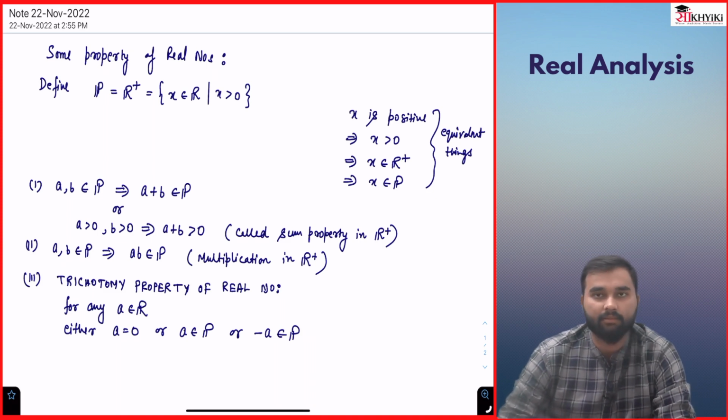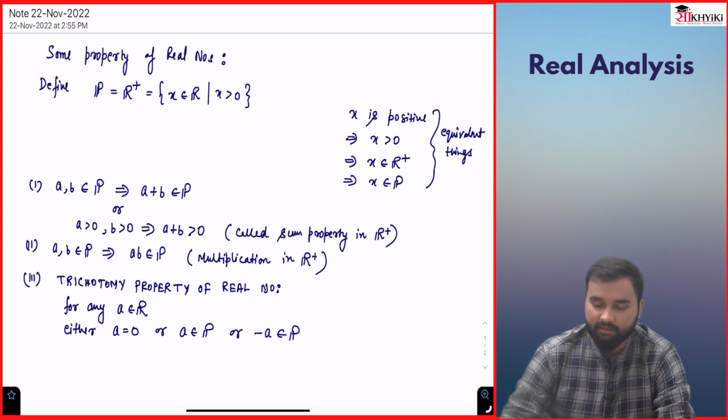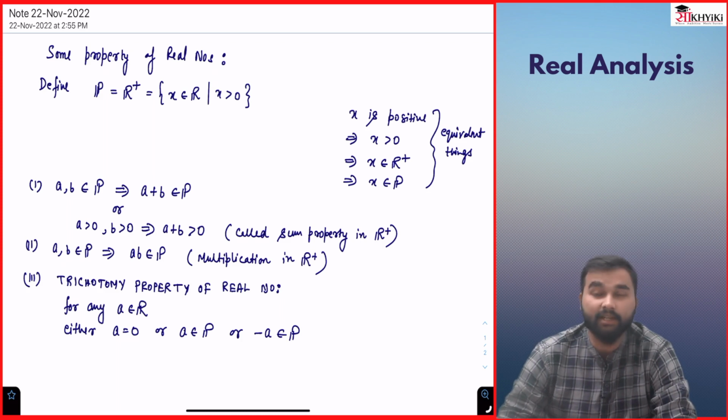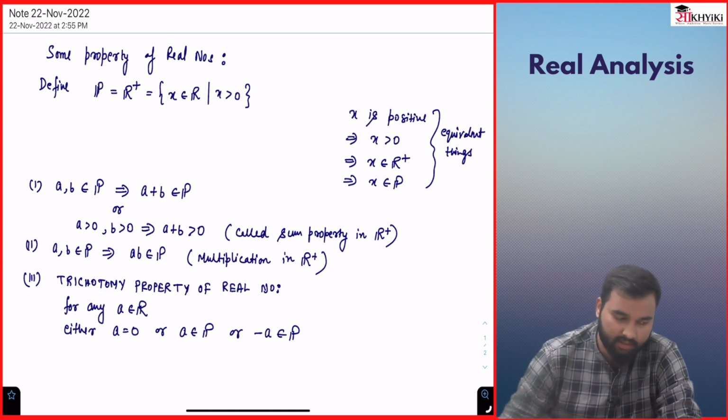Then negative of A is a positive real number. So that implies negative of A belongs to set P. I hope this is fine.